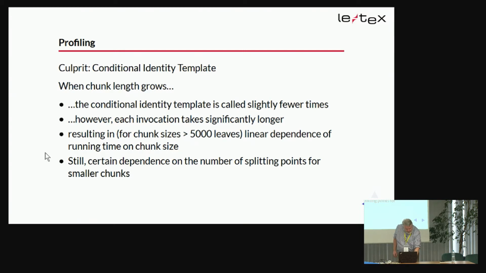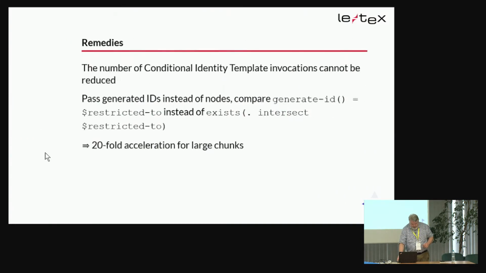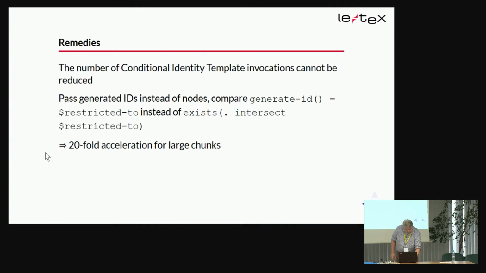I thought that this comparison, whether this conditional identity template, where I check whether the current node is contained in this restricted set of nodes, is rather inefficient, and I could speed that up by using generated IDs to compare instead.